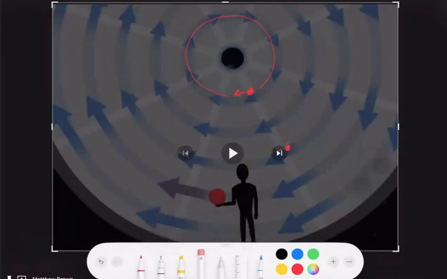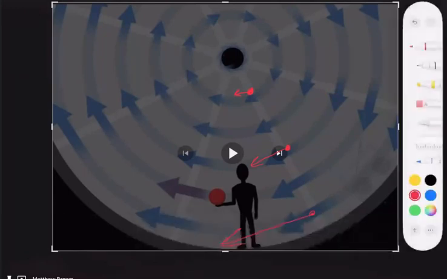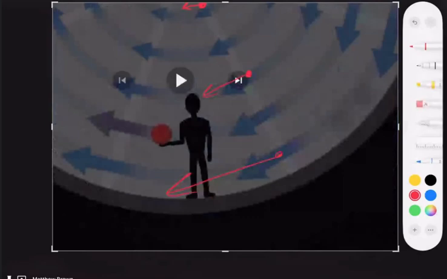And we could do the same thing for some other point. The farther out we go, the velocity increases. So that's what those arrows are showing.